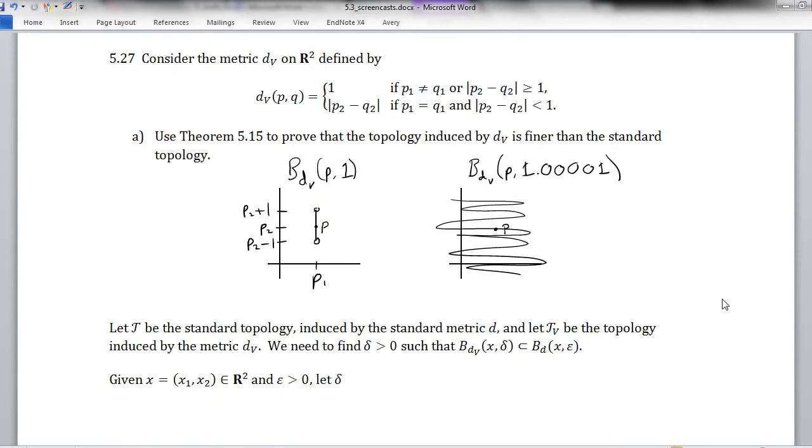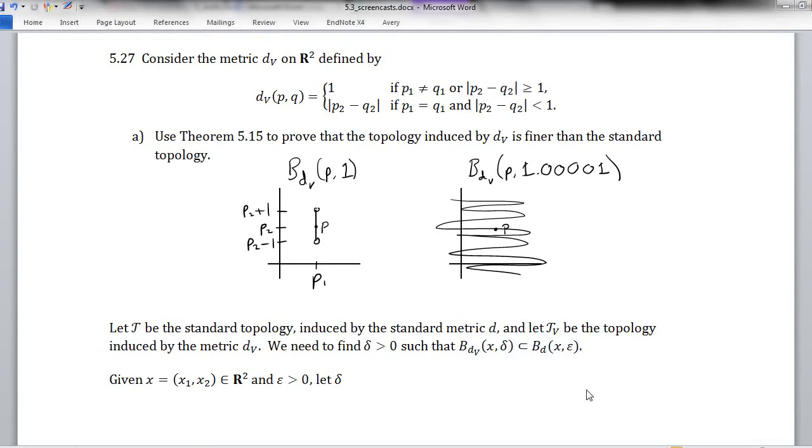All right, so if we're going to prove that the topology induced by this metric is finer than the standard topology, then let T be the standard topology induced by the standard metric d. Let T sub V be the topology induced by this new metric d sub v. And we have to take any epsilon ball in the standard metric and find a delta ball with respect to the d sub v metric which will fit inside of it.